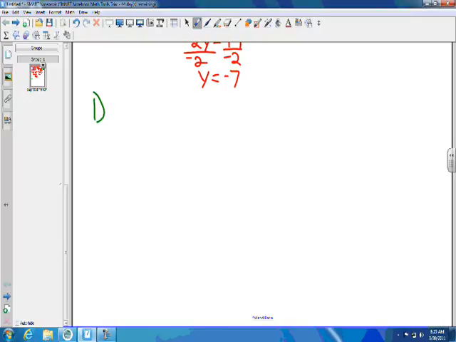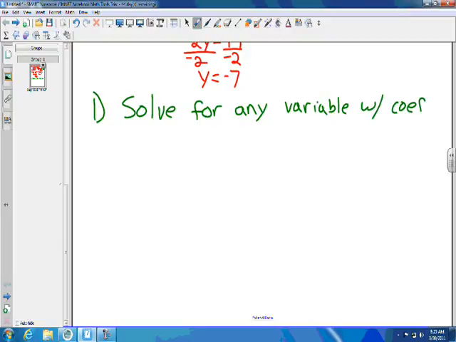Solve for any variable with a coefficient of 1. So any variable basically that doesn't have a number in front of it. So that was the first step.